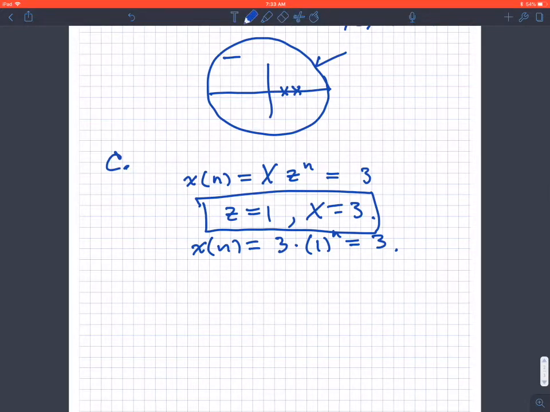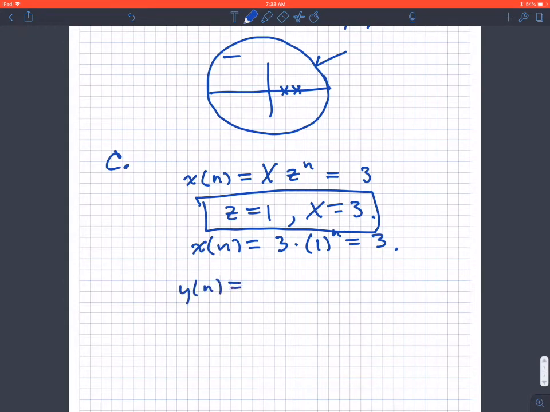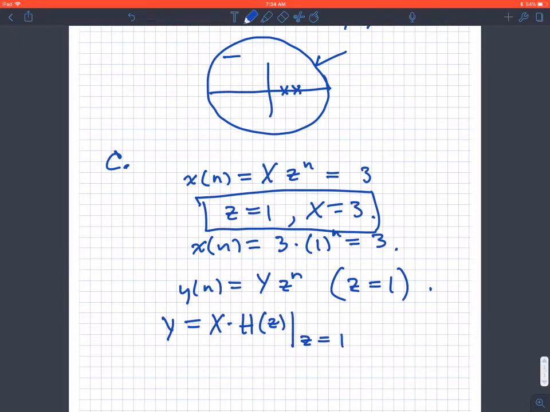The steady state output value, y of n, is going to be of the form cap y, z to the n, where z is the same thing. Okay, z is what we started with. In this case, we're starting with a 1. All right, and then cap y is cap x times h of z evaluated at the z value.